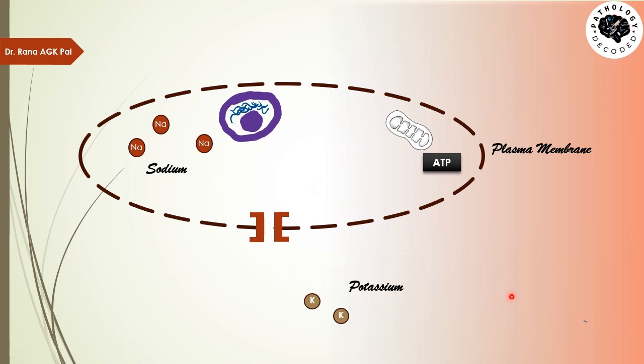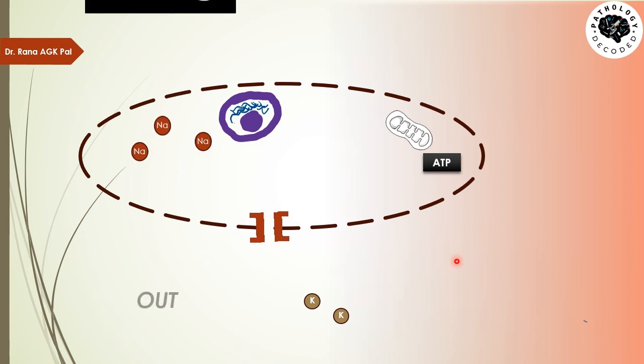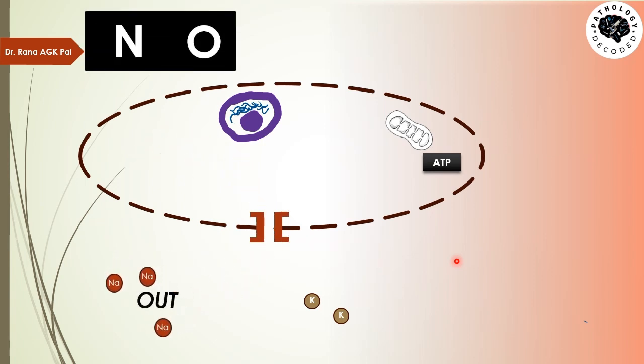Now to do this, the cell in its plasma membrane has got something called the sodium potassium pump. This sodium potassium pump gets activated, and when it gets activated, it will start pushing these sodiums outside.